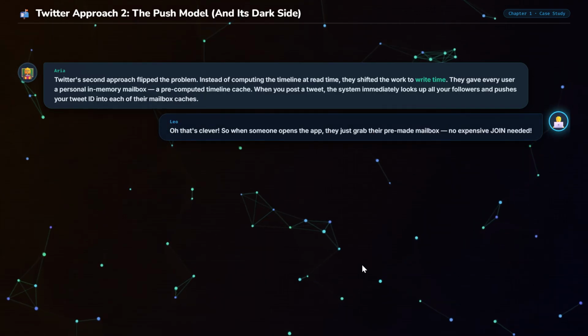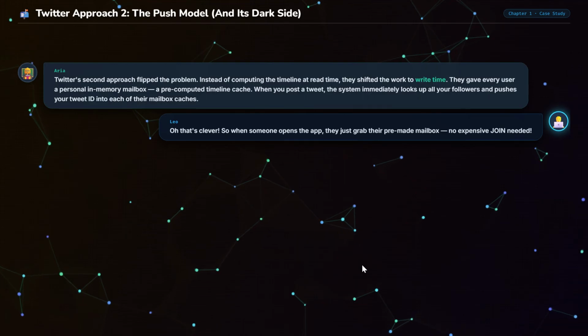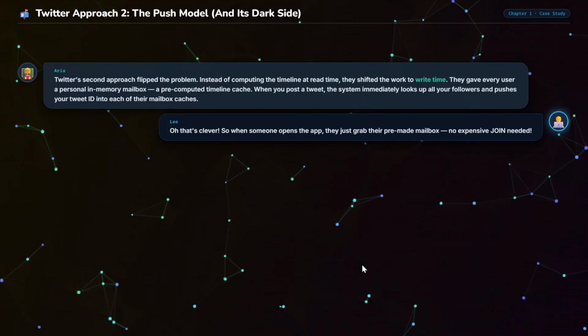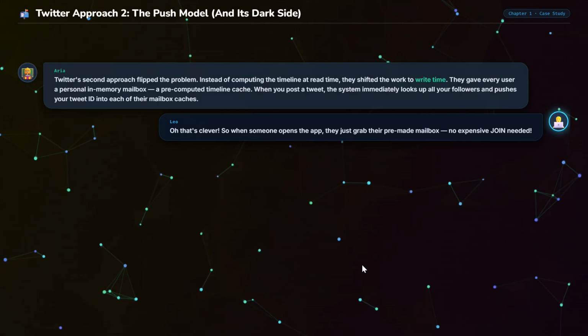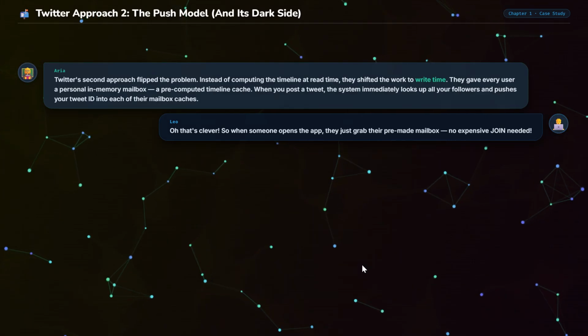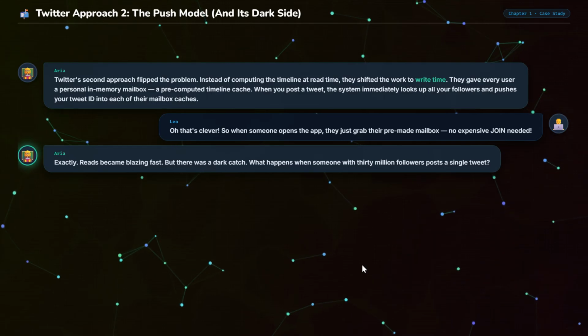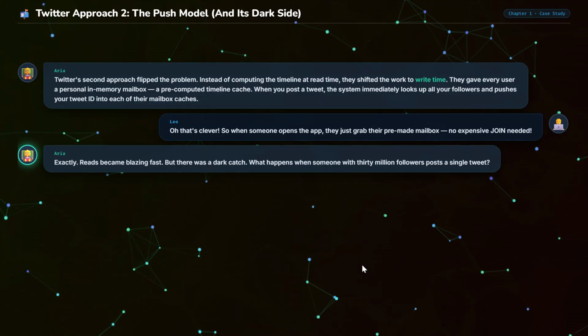Oh, that is genuinely clever. So when someone opens their app, they just grab their pre-made mailbox, no expensive join needed. Just a simple read from a cache. Exactly. Reading the timeline became almost instantaneous, just a simple cache lookup.